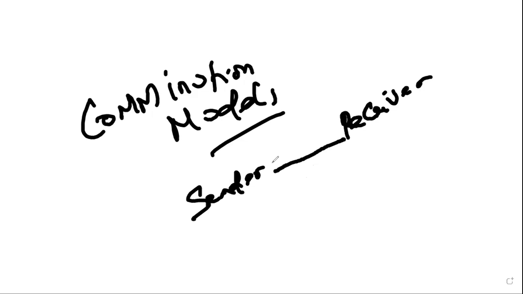Once the receiver receives the message from the sender, he or she will be giving what? Acknowledgement. So what kind of acknowledgement are they going to give? Yeah, I received your message.